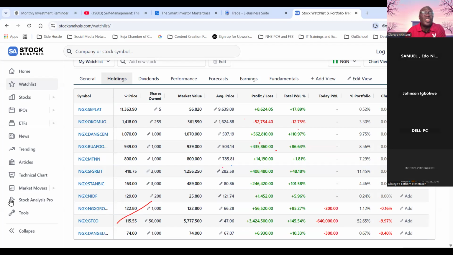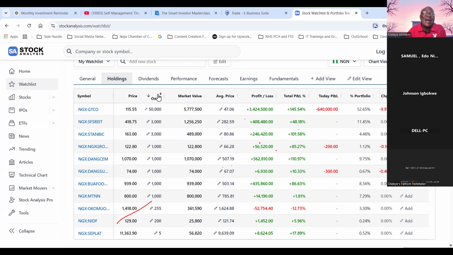Okay, shares owned. I can arrange it by which one has the highest number of units. As you can see here, Gitco, I have 50,000 units. SFS REIT, I have 3,000 units. Stanbic, 3,000 units, and down like that.